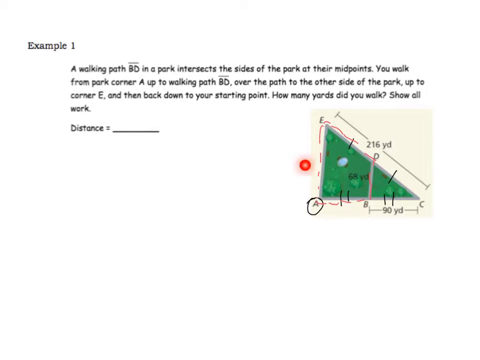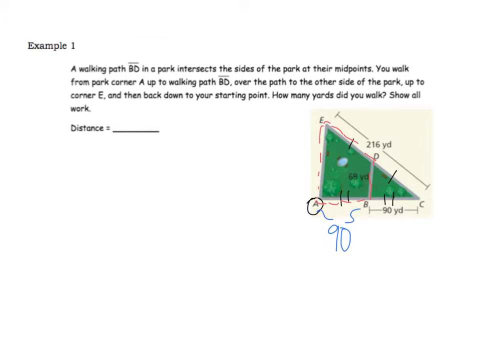First, we know that this is a mid-segment because it has split EC into two congruent pieces, and it has split AC into two congruent pieces. So, a few things that we can conclude: AB has to be 90 because BC is 90.